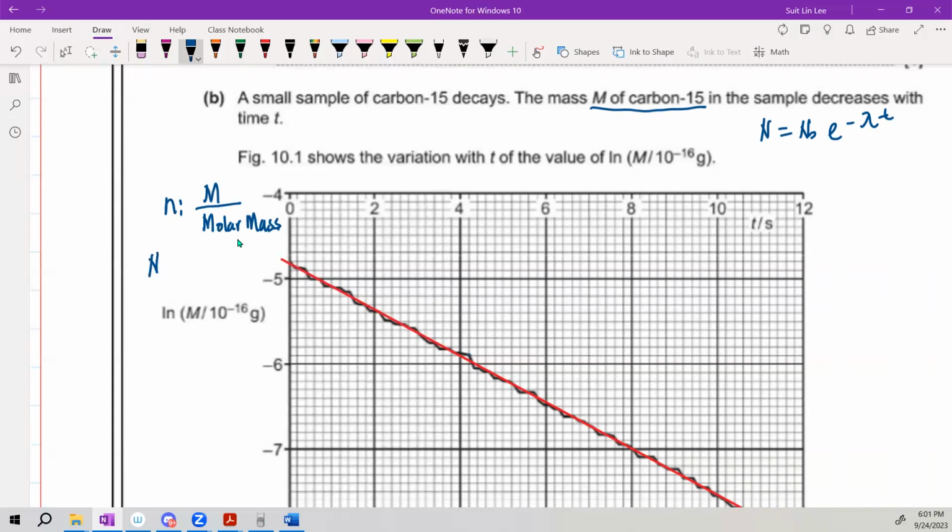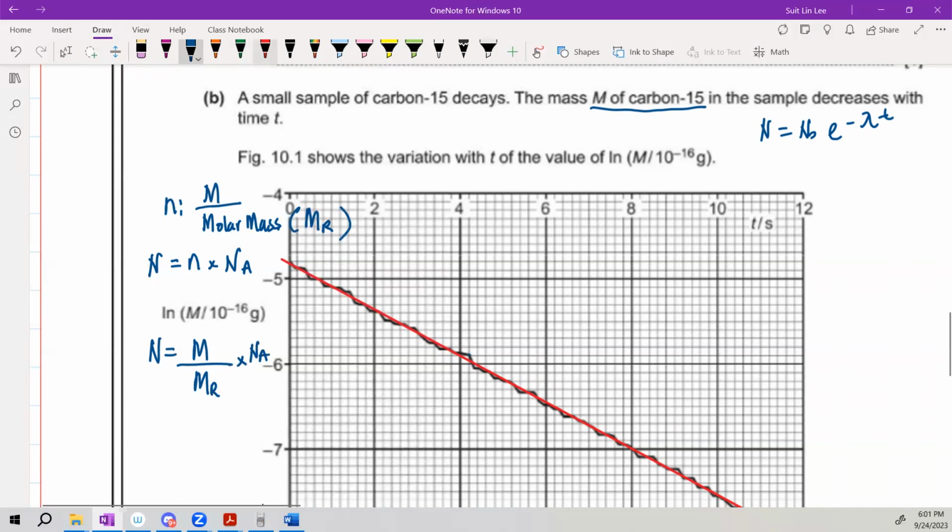But the number of particles is the number of moles multiplied by the Avogadro constant. So the number of particles is the mass divided by the molar mass, or relative molar mass. What symbol should I call this? I call this Mr, times the Avogadro constant.